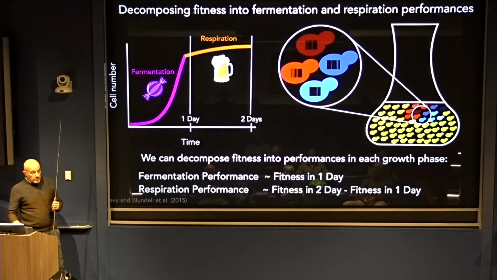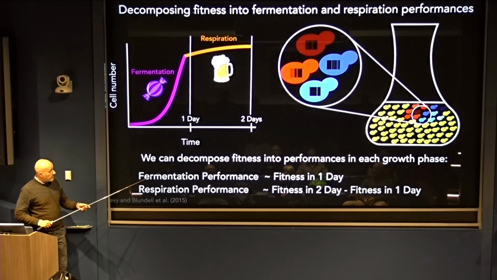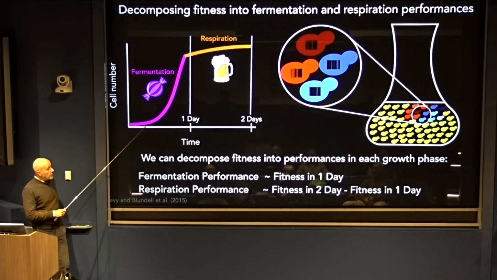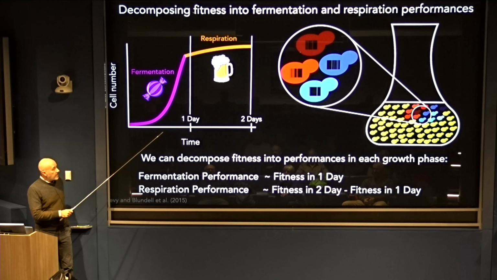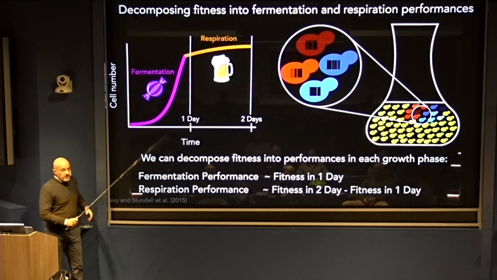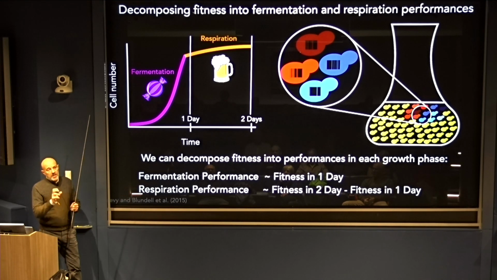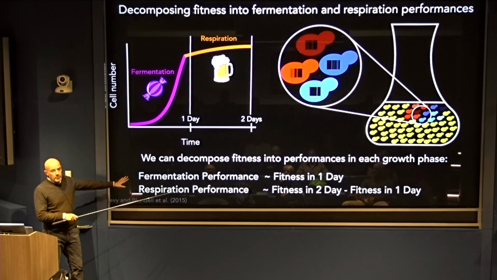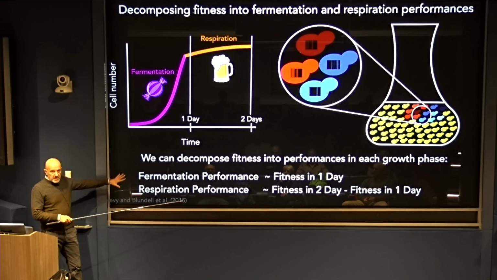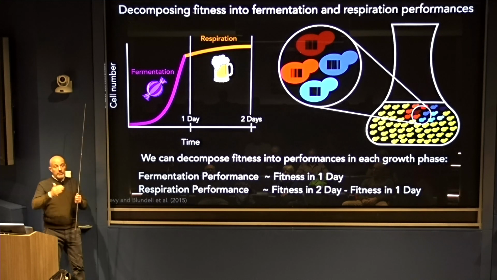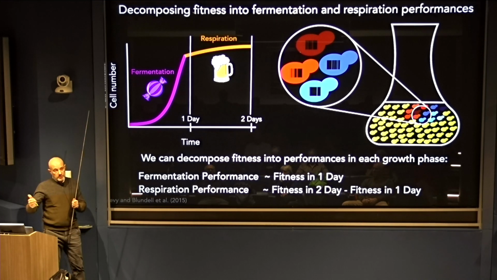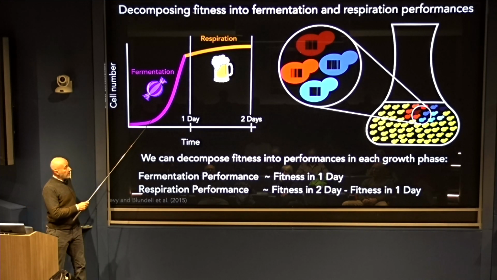We're just going to decompose it, and we can do it by measuring their fitness when growing in 1 day. We just grow them for 1 day and measure how well they do. Then we measure them in 2 days, and the difference in fitness between 2 days and 1 day is roughly, we're doing something a little bit more sophisticated, but the basic idea is that the extra gain in fitness of growing in 2 days must be due to respiration compared to the fitness in 1 day.